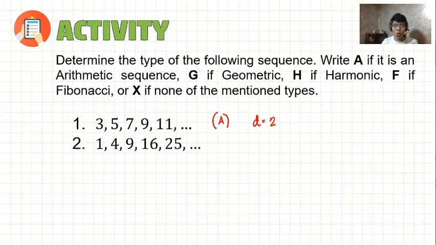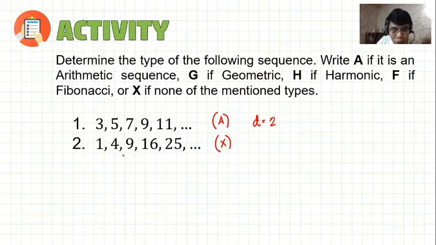Now, number 2: 1, 4, 9, 16, 25, and so on. What is the type of the sequence? Now, if your answer is X, then that is correct. Okay, so bakit X siya? Tingnan natin if arithmetic ba siya. May common difference ba? 4 minus 1 is 3. 9 minus 4 is 5.